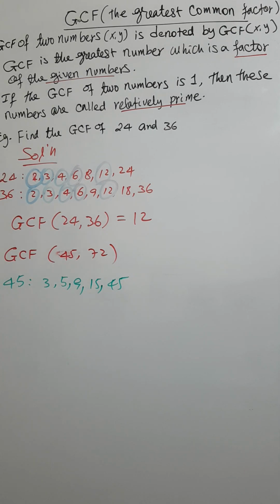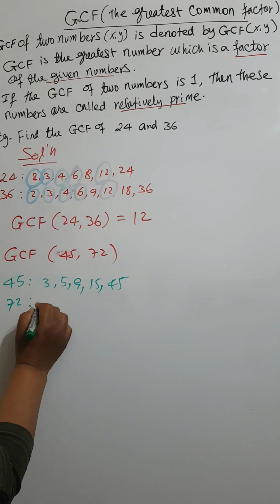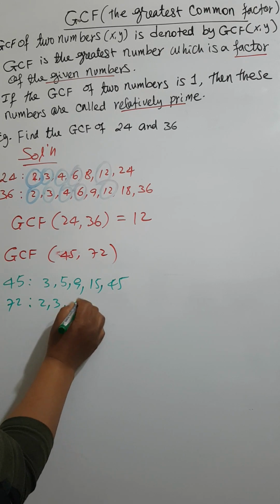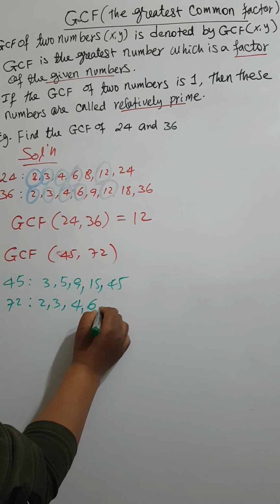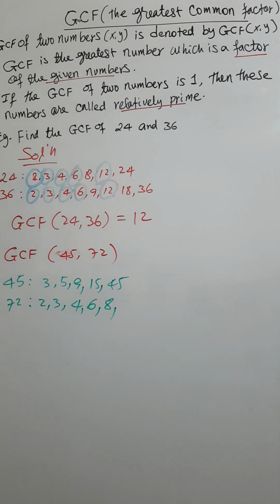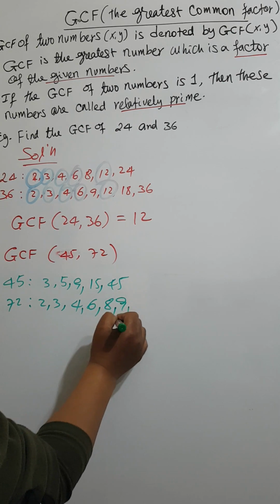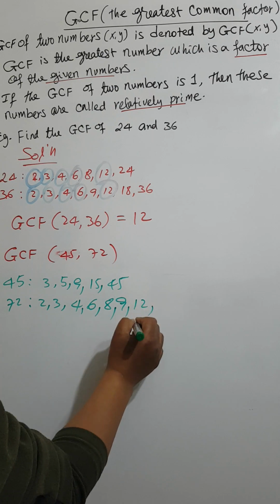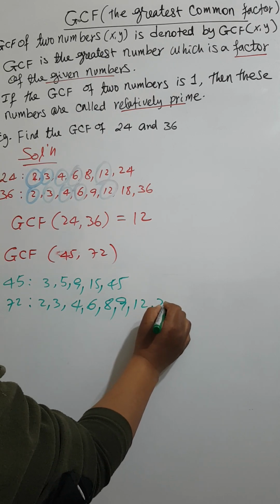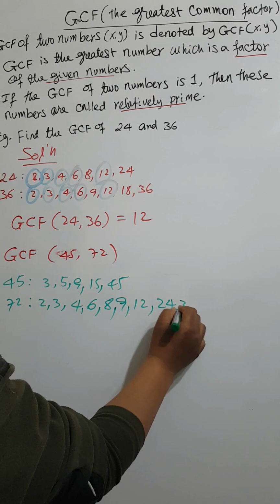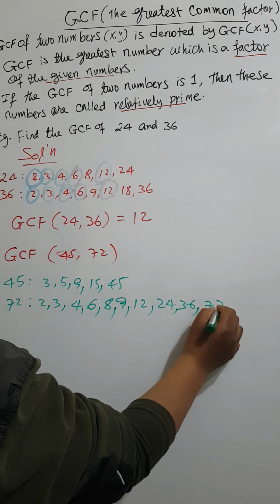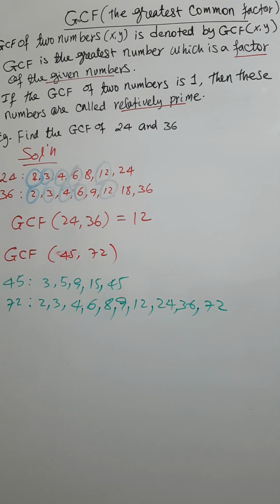The factors of 72 include 2, 3, 4, 6, 8, 9, 12, 24, 36, then 72. These are the factors of 72.